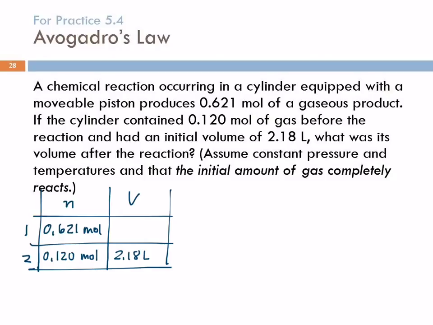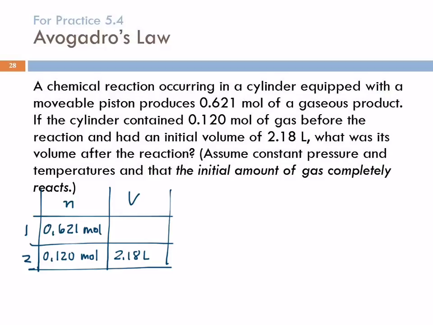Now, we've got a chemical reaction going on, and so this could get kind of complicated. This is saying that the initial amount of gas completely reacts. Because there was gas in there to start with, and then gas was produced. But this down here is telling us all of the initial gas disappeared.